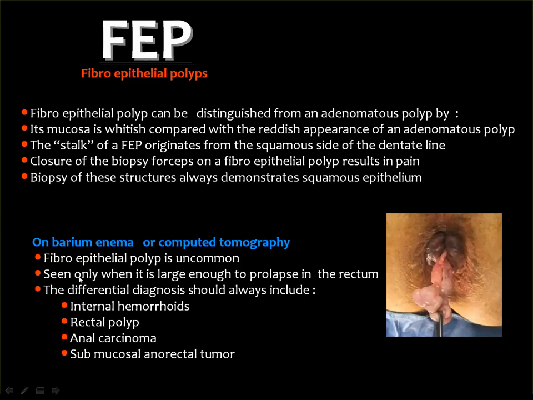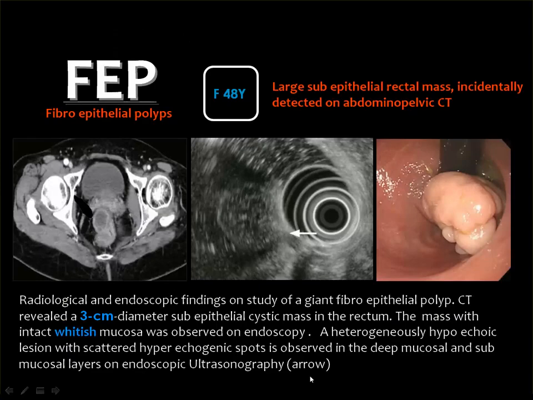If the polyp is large enough, it can prolapse in the rectum, and the differential diagnosis may include internal hemorrhoids, rectal polyp, anal carcinoma, or submucosal anal tumor.